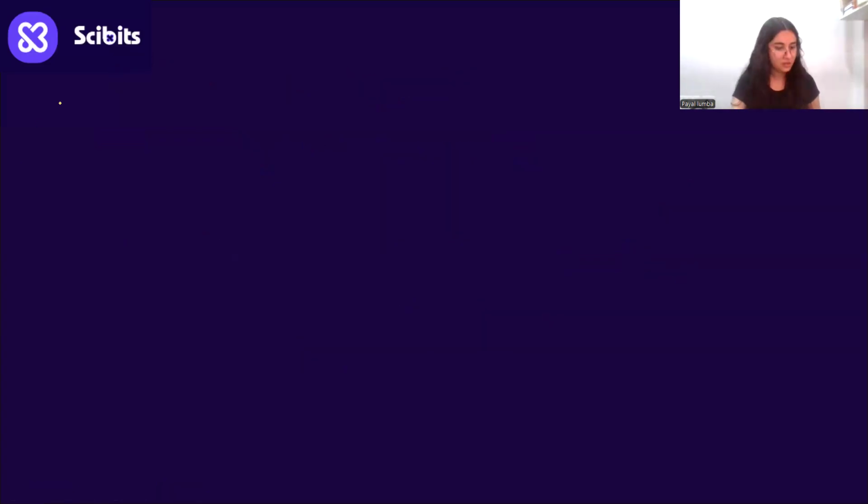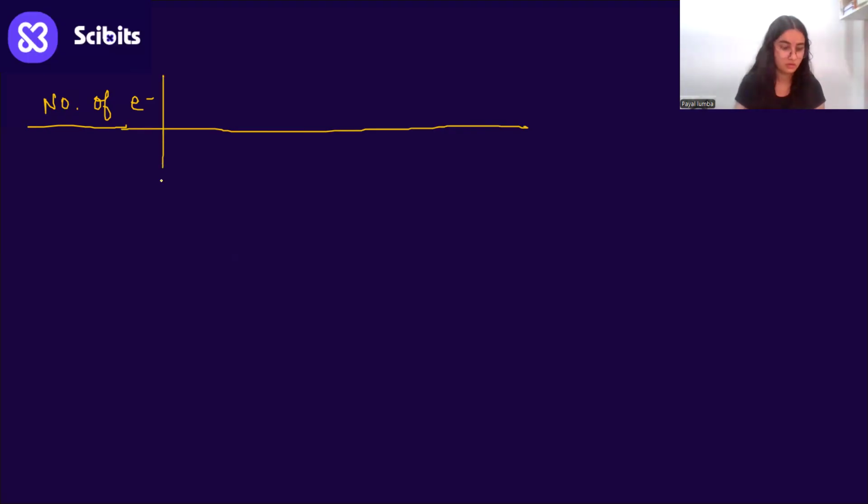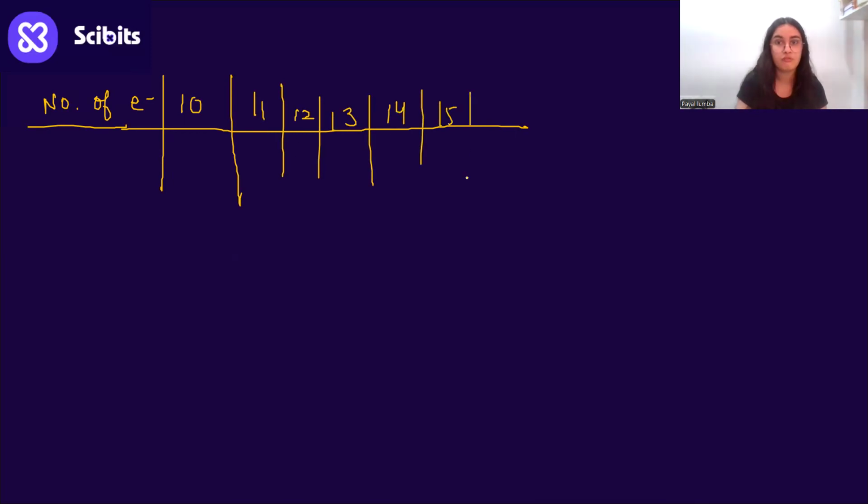Okay. Now this is a bit important. For oxygen, you must remember the bond orders. This is not particularly for oxygen only; this is pretty much applicable to all compounds. So let's say if the number of electrons is 10, it can be 11, 12, 13, 14, 15, 16, 17, and 18.